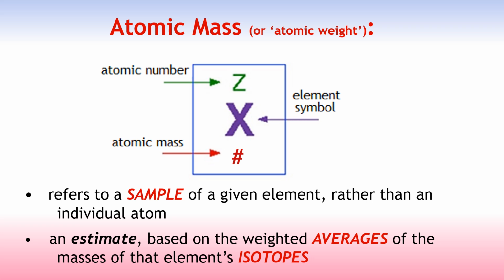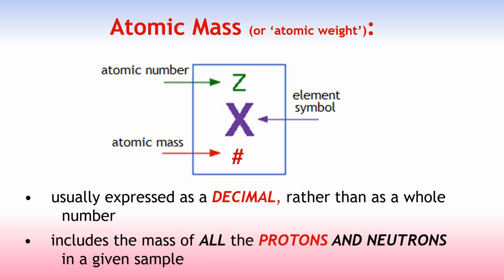We're not talking about an individual atom, we're talking about an average. That average is usually expressed as a decimal rather than a whole number. And that average is the average of the mass, not just of the protons, but of all the protons and all the neutrons in a given sample.